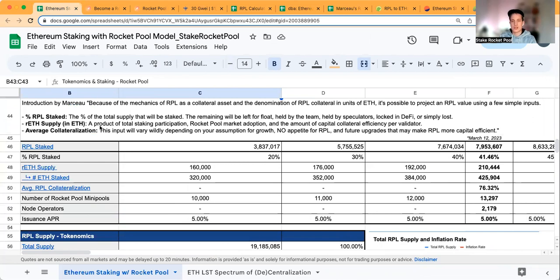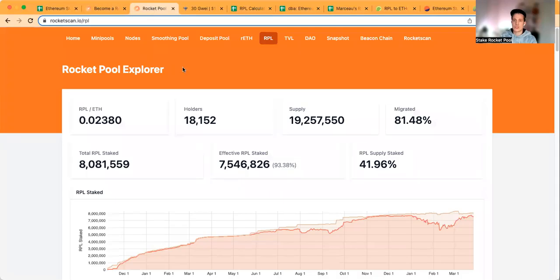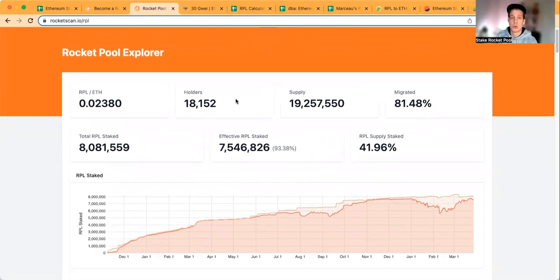So we highlight that here in the beginning, like the percentage of RPL staked, the amount of RETH in supply. So that's the amount of total liquidity that the Rocket Pool community has created, and then even the average collateralization of each Rocket Pool node. So I have links inside of here. There's some really good resources that are available through this link. You can come to rocketscan.io to see all different types of real-time stats where we pulled this from.